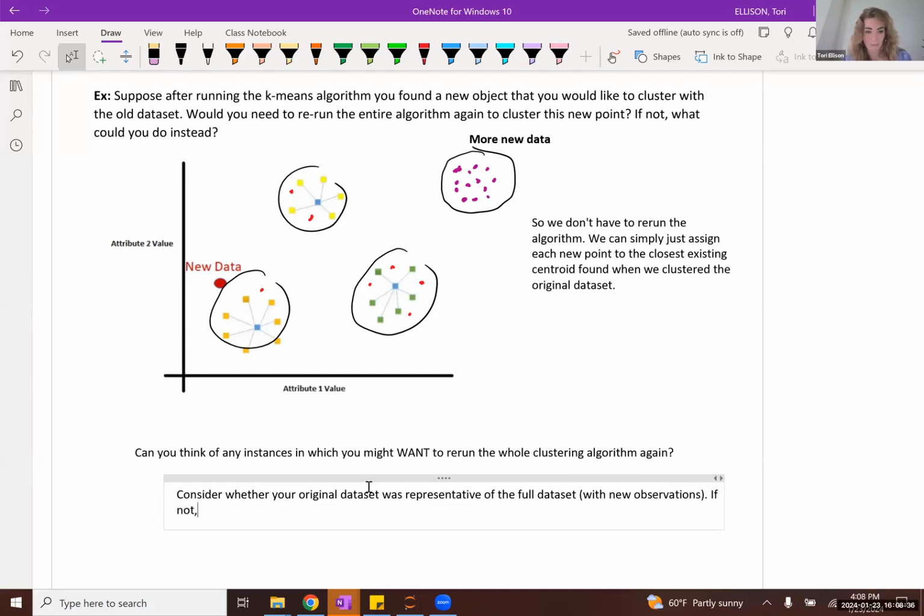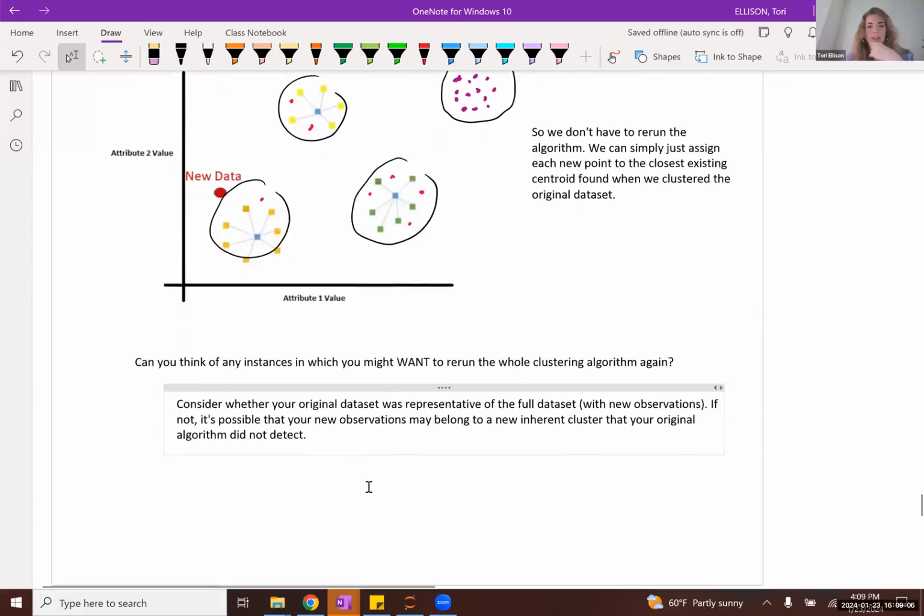If not, it's possible that your new observations may belong to a new inherent cluster that your original algorithm did not detect. All right, something to think about. Any questions on that?